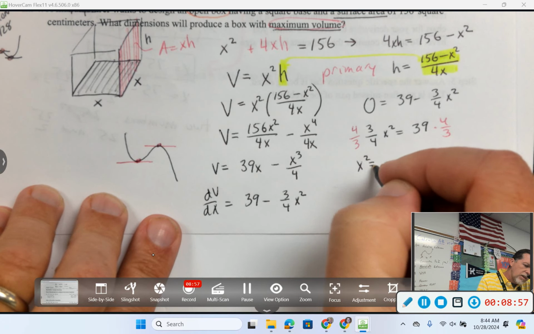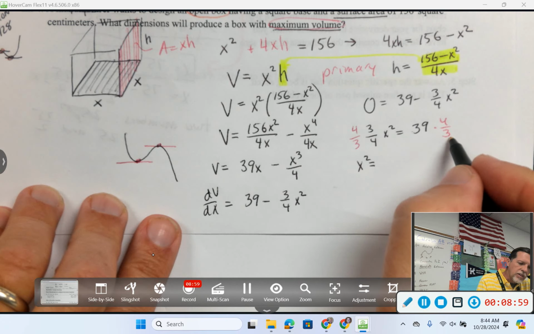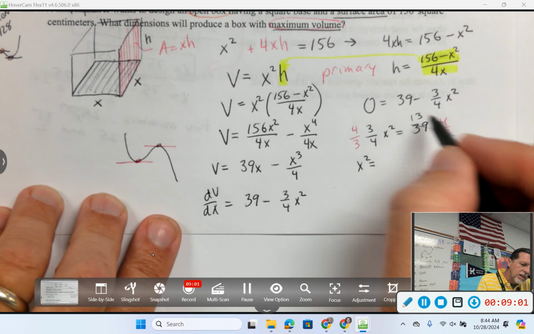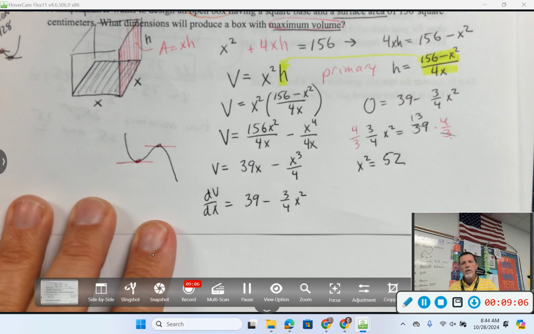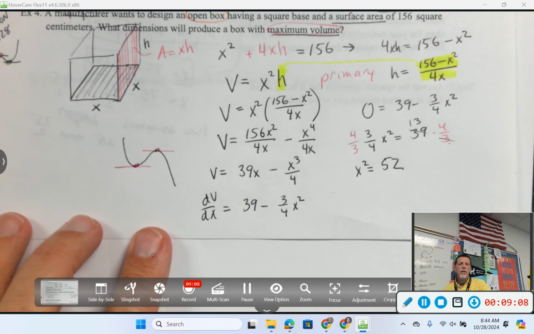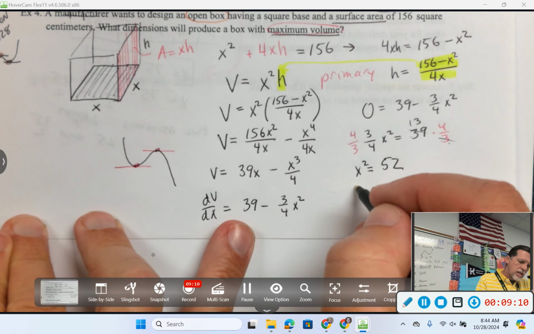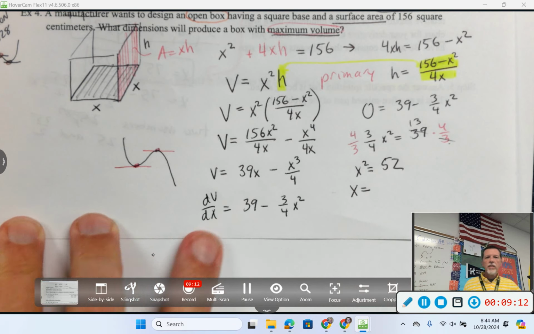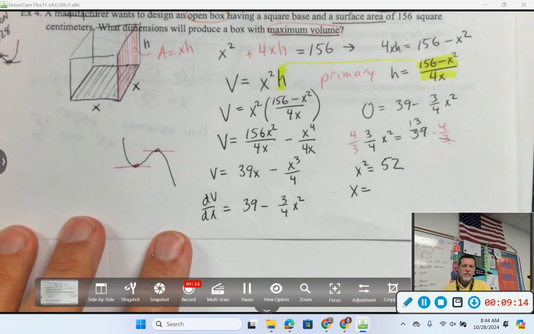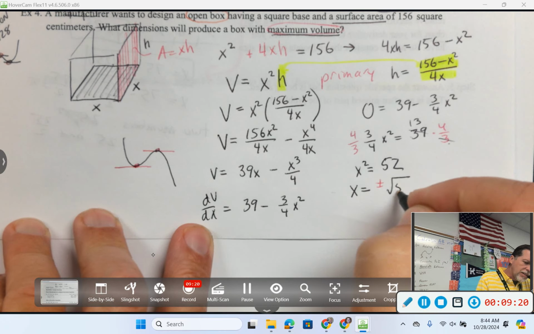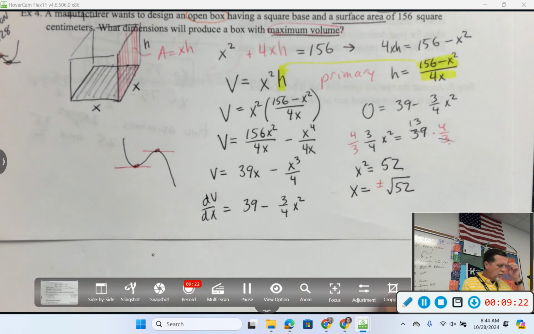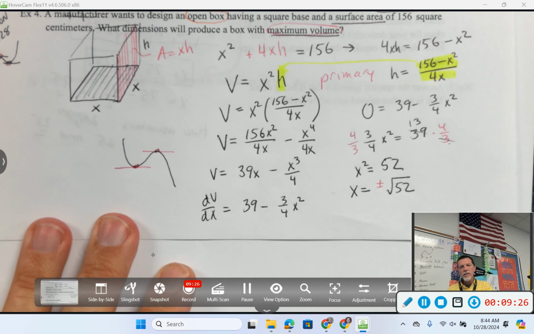So x squared equals, let's see, 39 over 3 is 13, times 4 is 52. So x equals square root both sides. Don't forget the plus or minus. Plus or minus the square root of 52 for my two critical points.